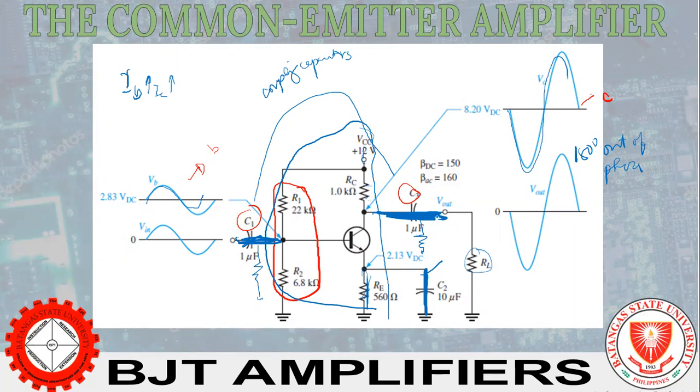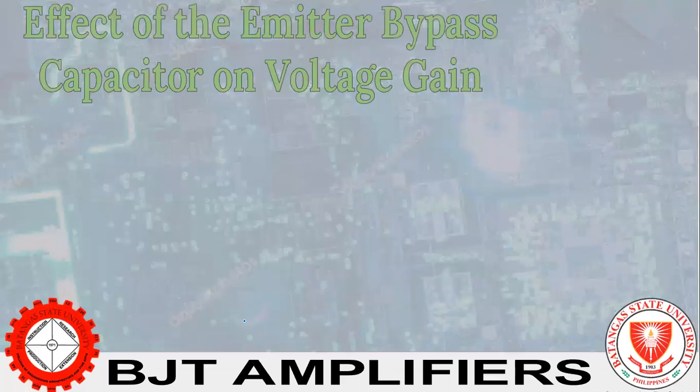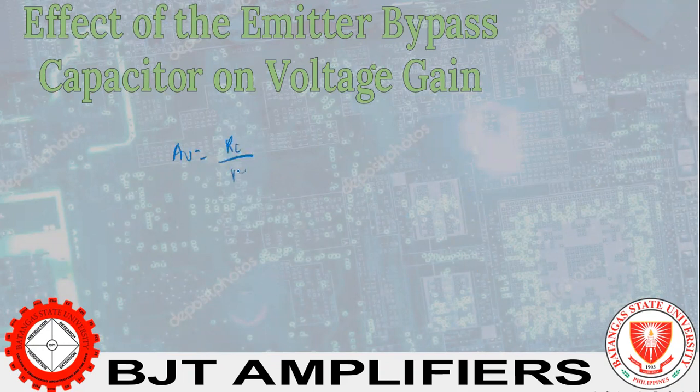With that bypass capacitor, the gain of the amplifier is at its maximum, equal to RC over re prime. The value of the bypass capacitor must be large enough so that its reactance over the frequency range of the amplifier is very small.